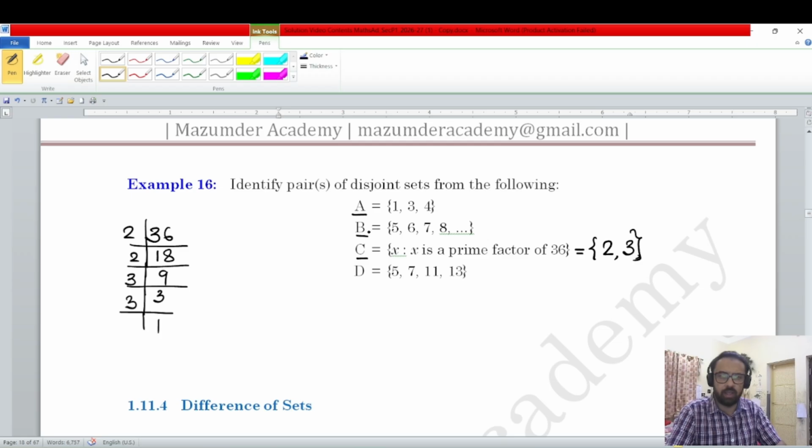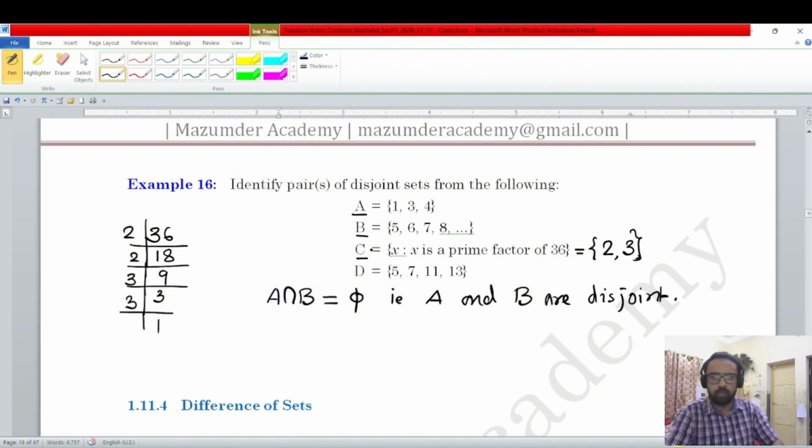Suppose A and B. Do you have any elements common between A and B? No. A is 1, 3, 4 and B is 5, 6, 7, 8. So there is no common element, therefore A intersection B is phi. That is, A and B are disjoint.